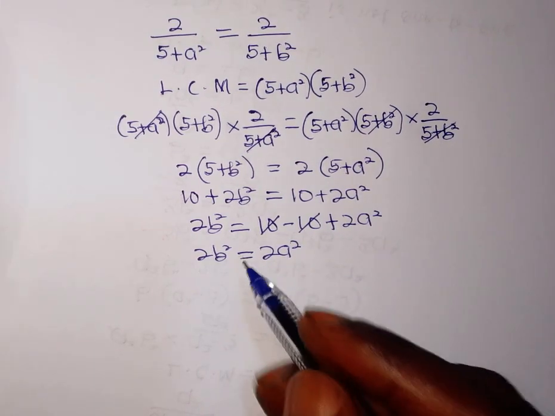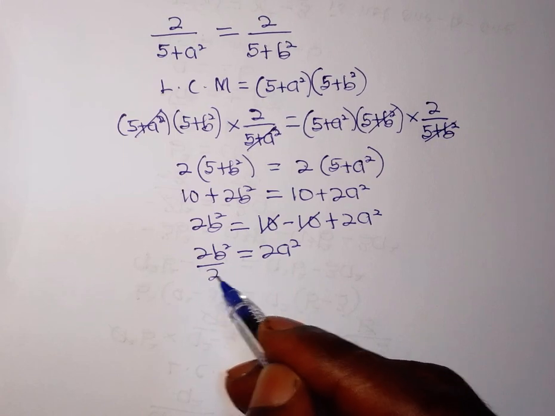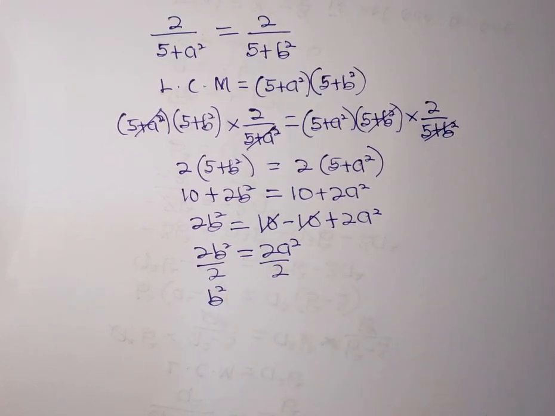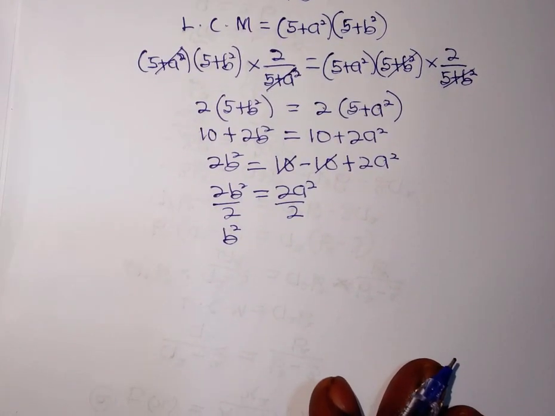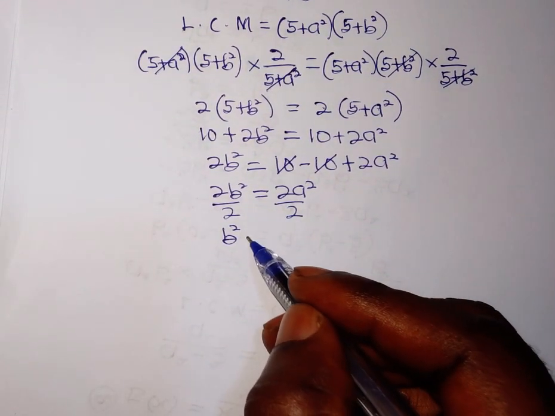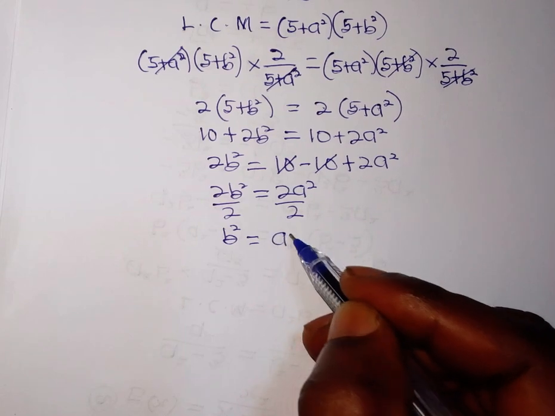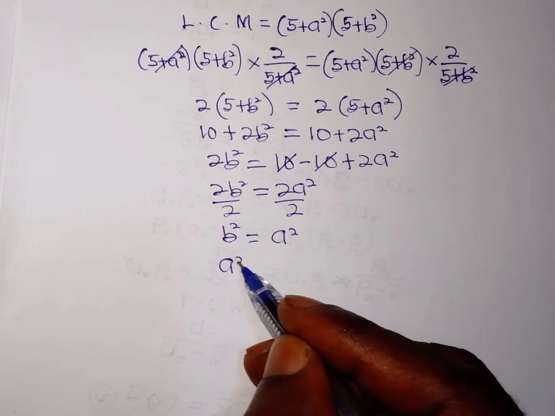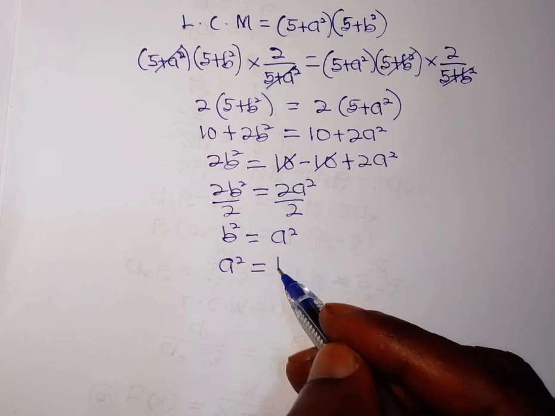All right, I can just divide both sides by 2, and I will have b squared is equal to a squared. I will just change their position as this, which means the same.